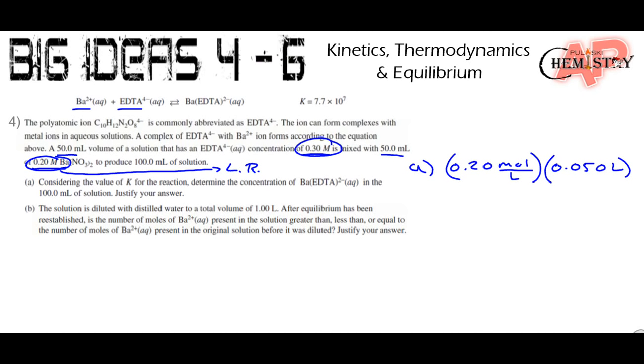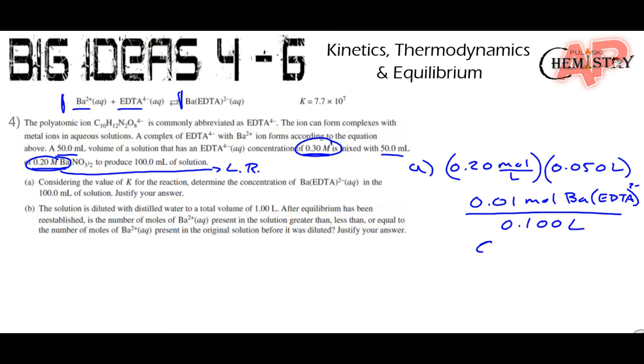So that would be 0.01 moles of my Ba. Well, it's a 1-to-1 ratio, so that's actually going to be of my product as well, because it's a 1-to-1 ratio. And then I just put it over the new volume. And that would be my answer.